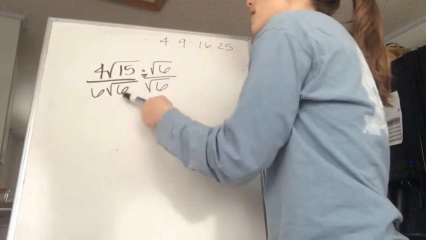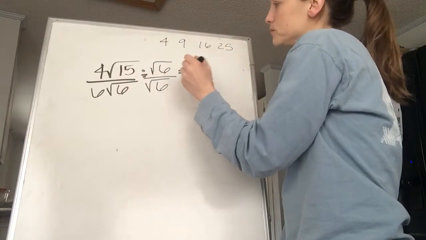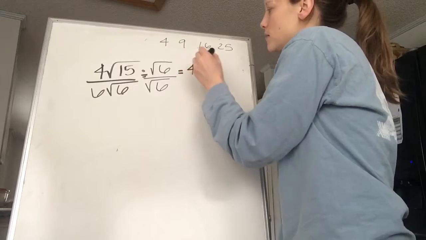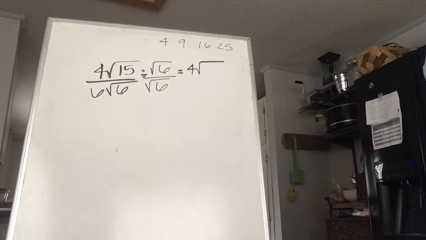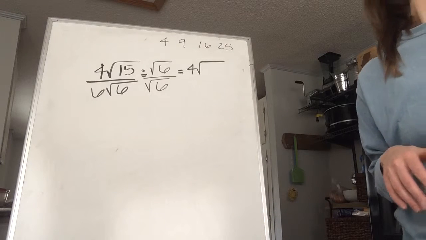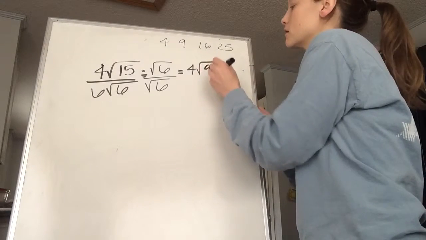Get the radical out of the denominator. So we have 4 times the square root of 90.